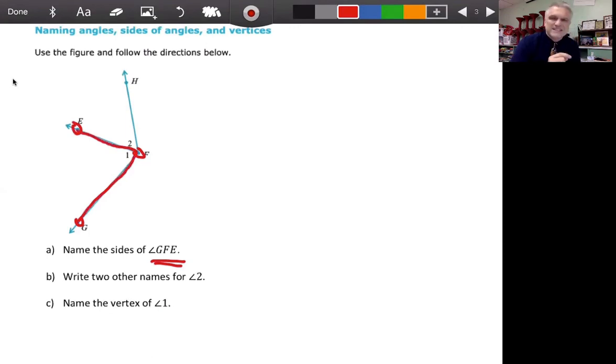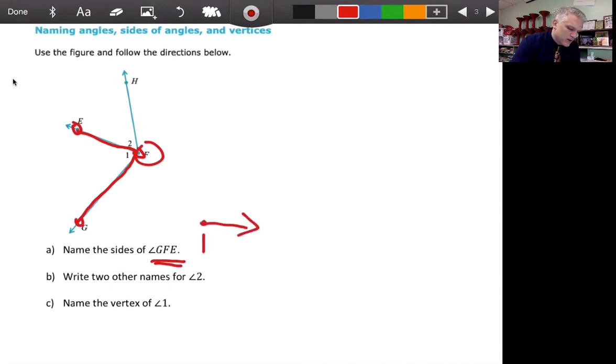All right, the sides. Well, the sides here, we're starting at point F, the vertex. And this side here, for example, goes infinitely through G. Well, we know that if it starts at a point and it goes infinitely one way, that's called a ray. And you always put the endpoint first.